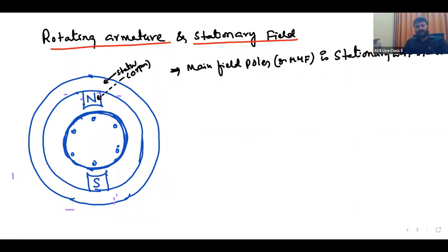Correct? Yes. So the poles are fixed to the stator. The stator is not rotating and the poles are not rotating. Both are stationary. Relative speed is 0. That is said to be stationary.